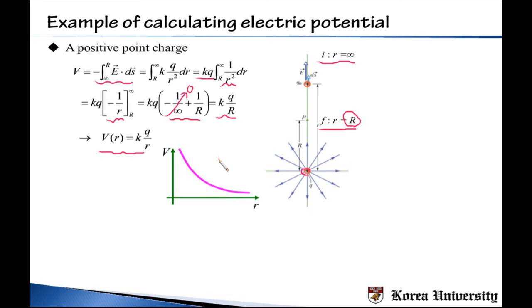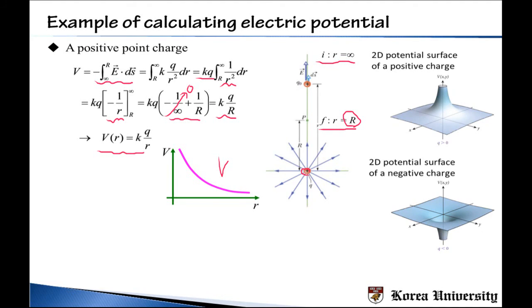In this graph, as a function of distance r, as the distance increases, the potential will decrease following the inverse relation. But remember, we are in 3 dimensions, and this graph shows you only the dependence along one direction, but it doesn't matter. For any direction, the same dependence will occur.